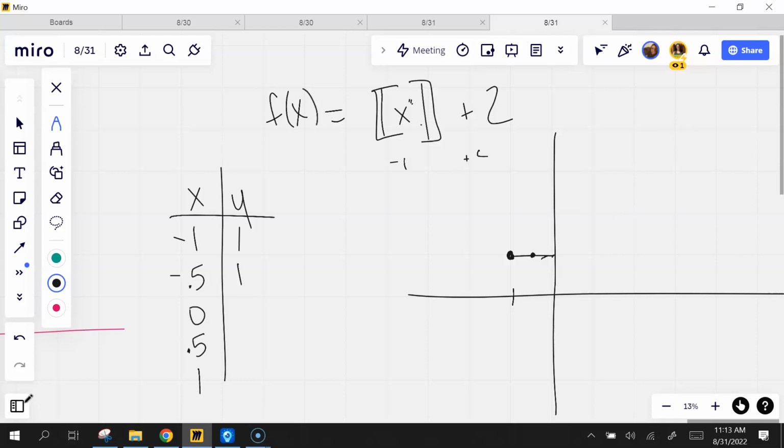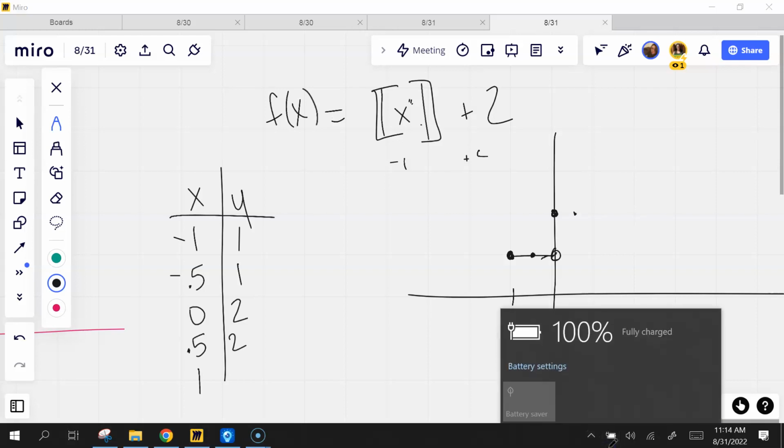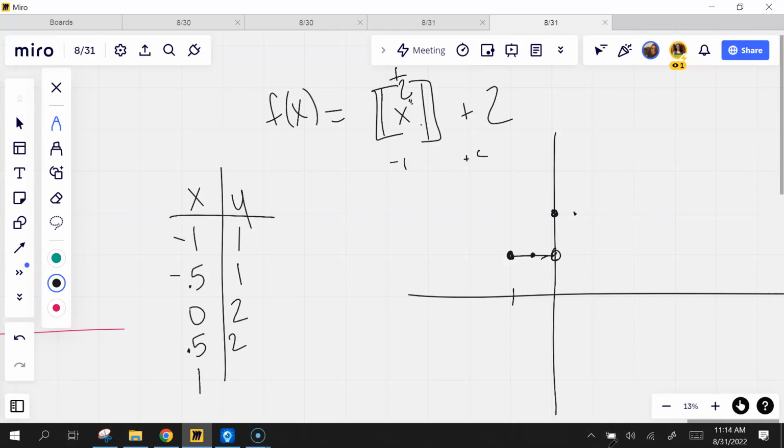But what happens at 0? It jumps. This is where it jumps. It becomes 2. Everybody see that? Jumps at 0, it jumps up to 2. What happens at 1/2? It's still at 2 because if I put 1/2 here, that still becomes 0.